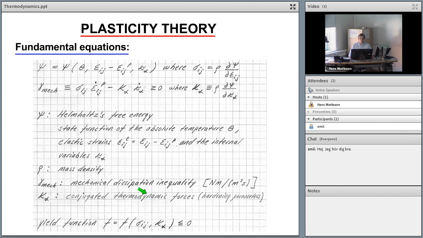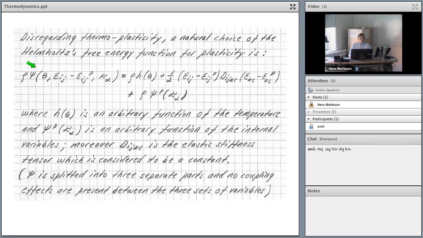Now we haven't said anything about the Helmholtz free energy function. We have just said what kind of variables we have in this function here. So we need also an actual function.